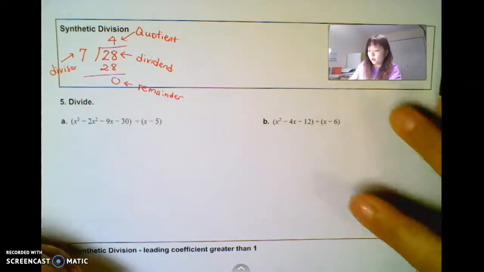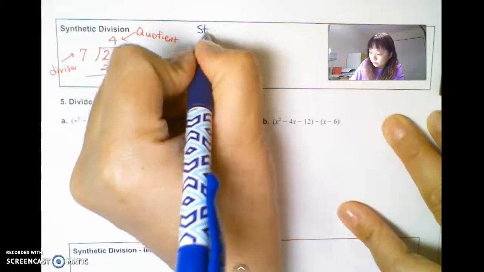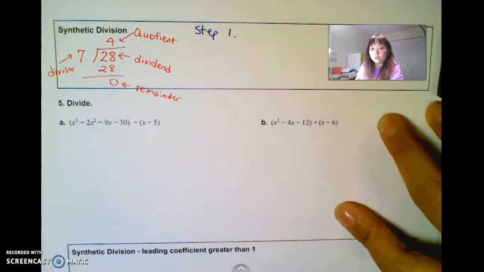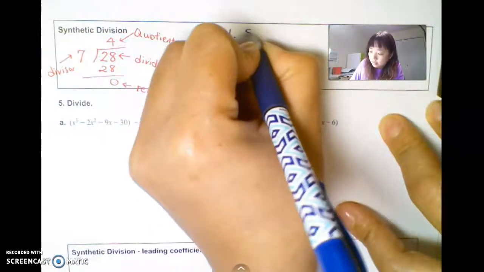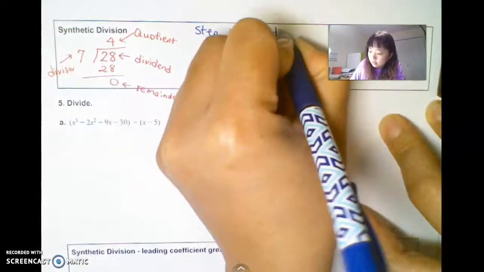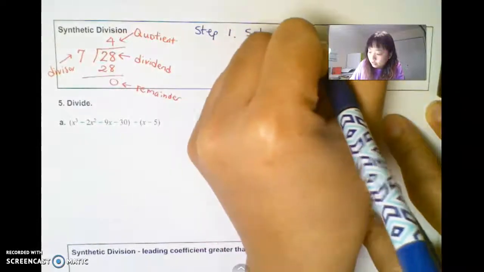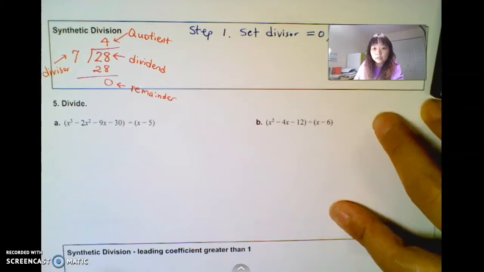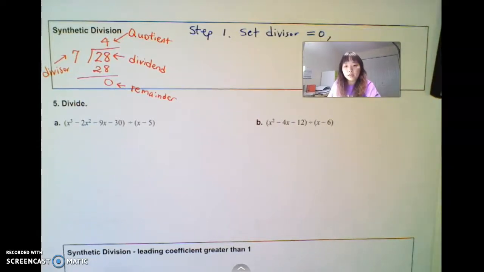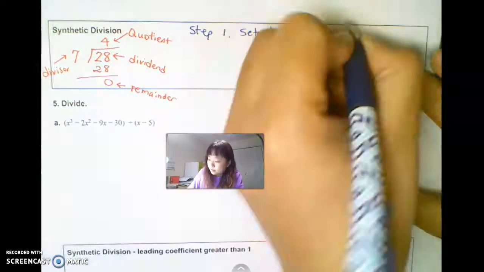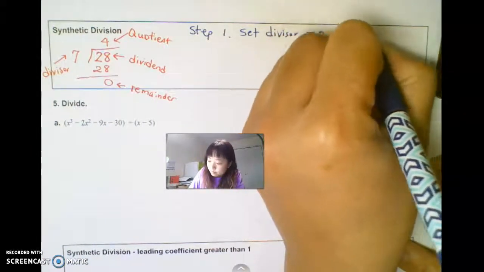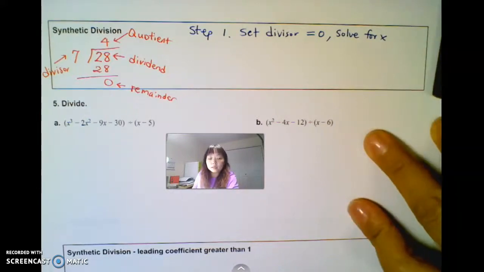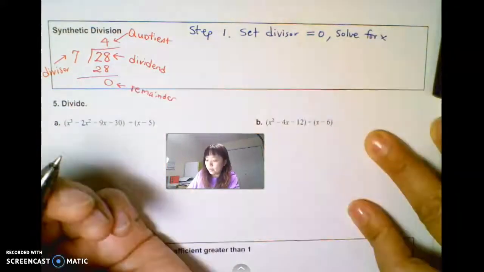So step 1. We need to set the divisor equal to 0 and solve for x. Oh, my face is in the way. And then we're actually going to divide by whatever this number is.